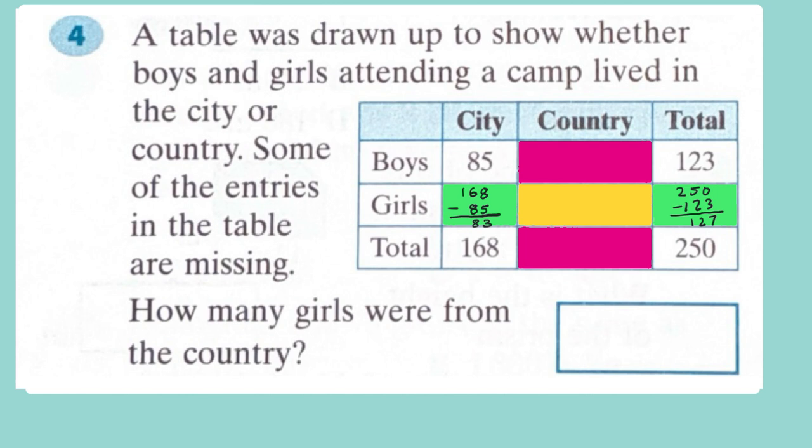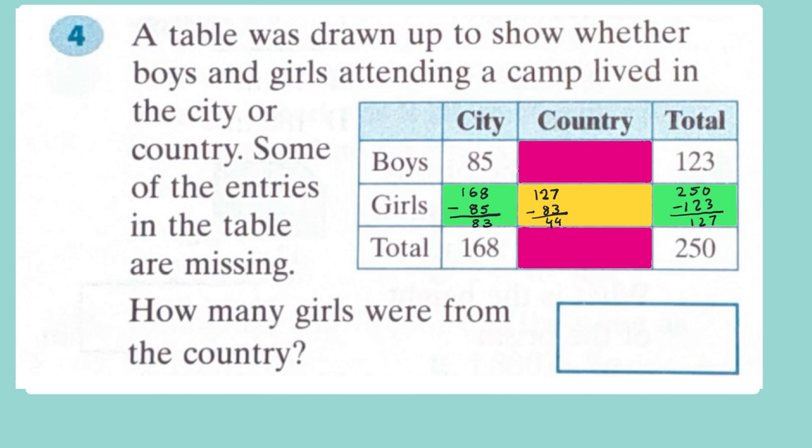So that means that in the yellow cell, all we need to do is take 83 from 127 and we'll get 44. So that means 44 girls were from the country.